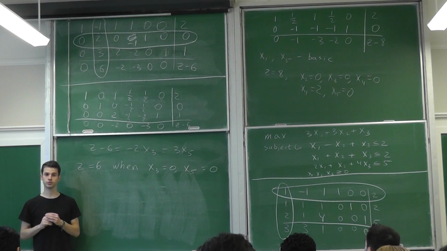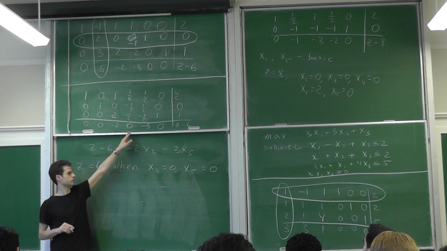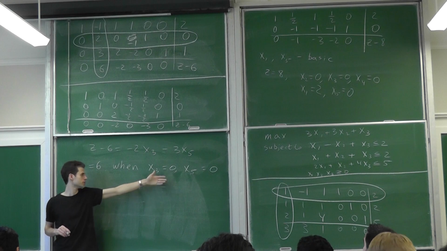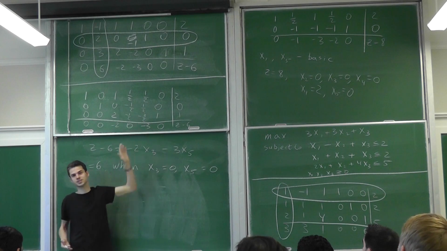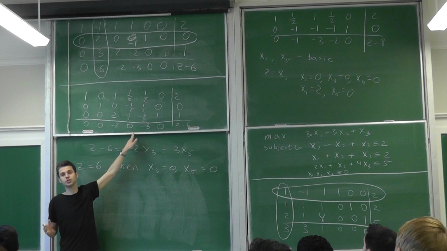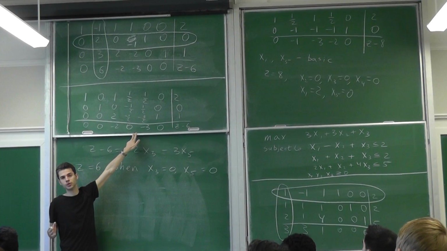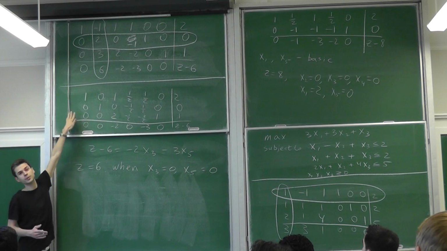What about the other non-basic variable, x4? x4 is also non-basic, but for some reason we don't have it equal to 0 here. The reason is a coincidence, which happens sometimes. The coefficient here is 0. It didn't have to be 0. Here, the coefficient had to be 0 because it is the basic column.